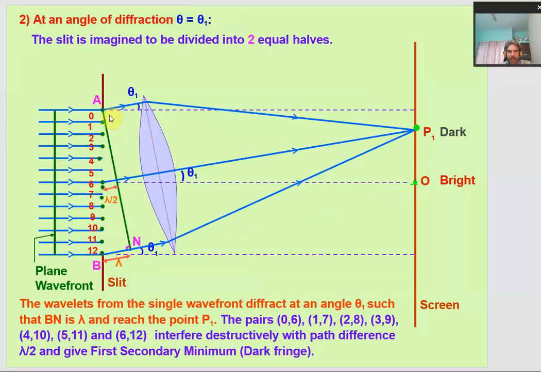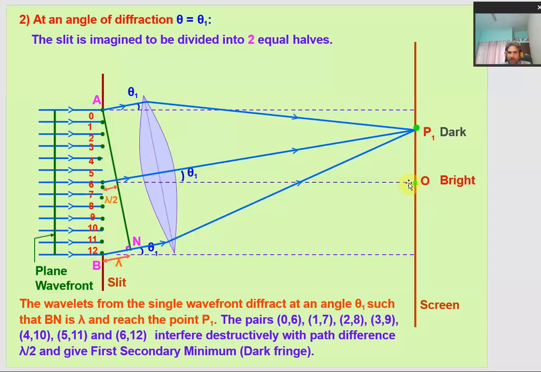What is happening? Each and every point of this slit is illuminated, so each and every point of this slit acts as a source of secondary wavefronts. That means each and every point is emitting light in the forward direction. The light coming from different sections of this slit interferes and produces a diffraction pattern of bright and dark fringes on the screen, with a bright fringe at the center.